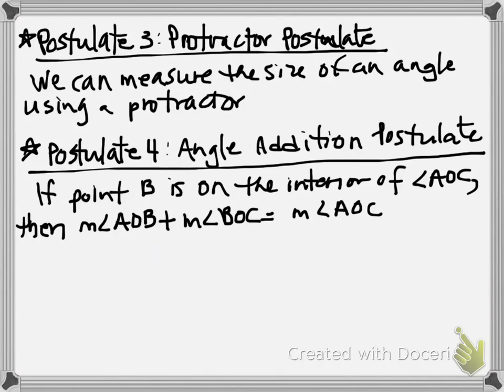Now, there is a second part to this, so we're going to just talk about this, draw an illustration of this first, and then we'll go to the second part. So basically, here's your angle AOC.